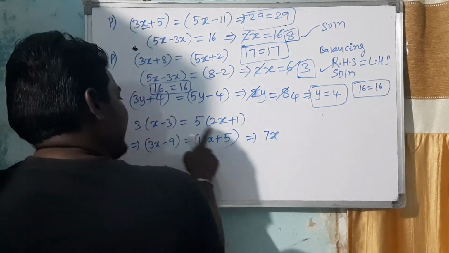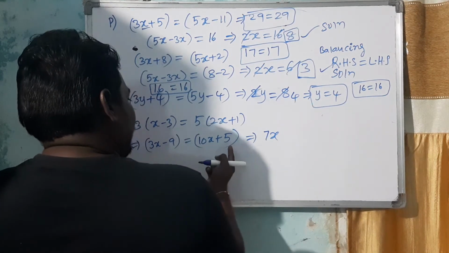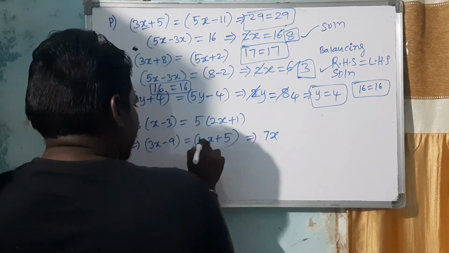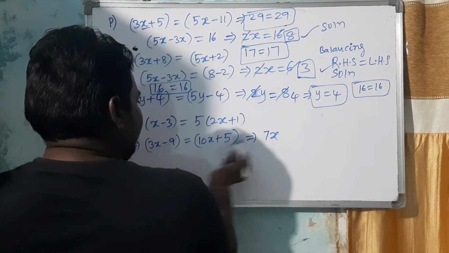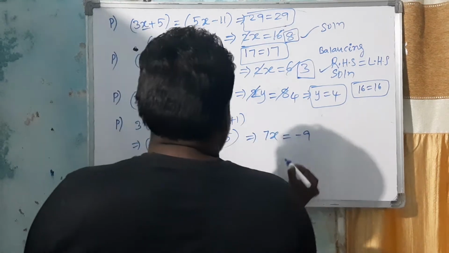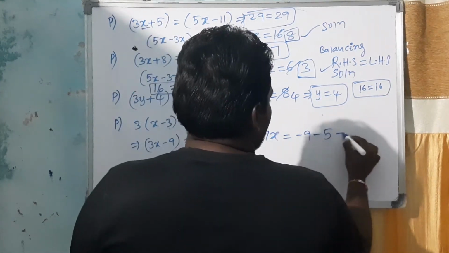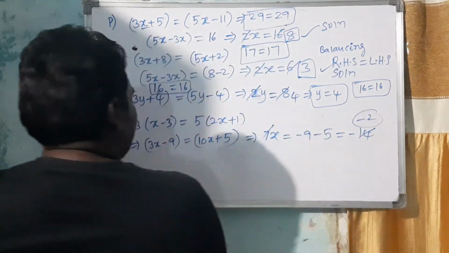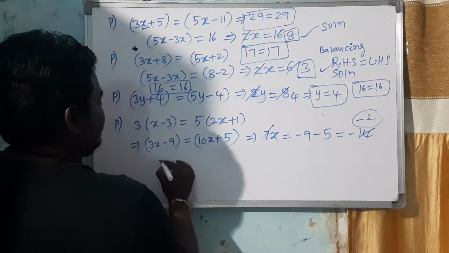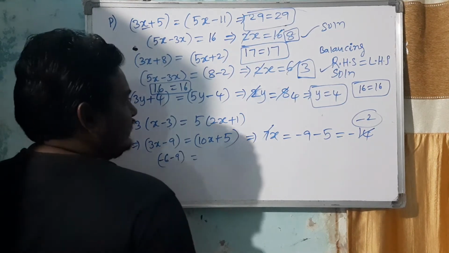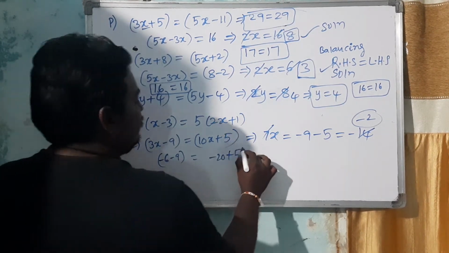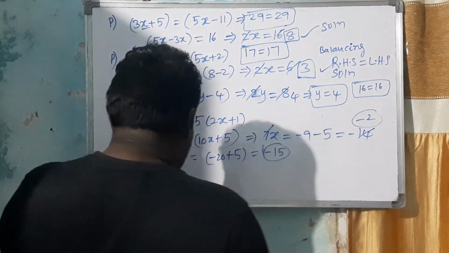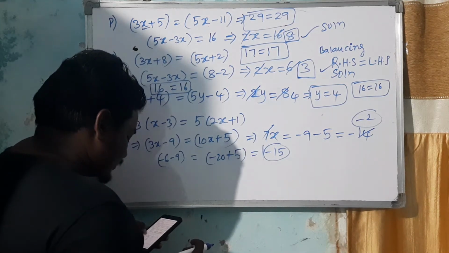Directly I am writing 10x minus 3x equal to 7x. 7x equal to minus 9 minus 5 on that side. 7x equal to minus 14. Minus term is coming. x equal to minus 2. Place minus 2 here, it is satisfying. 3 into minus 2 is minus 6, minus 6 minus 9, minus 15. 10 into minus 2, minus 20, minus 20 plus 5, equal to minus 15. Satisfied. This is how we have to solve the questions.